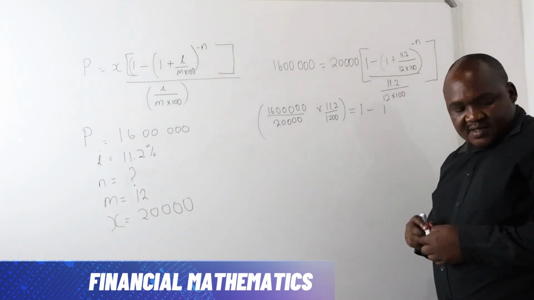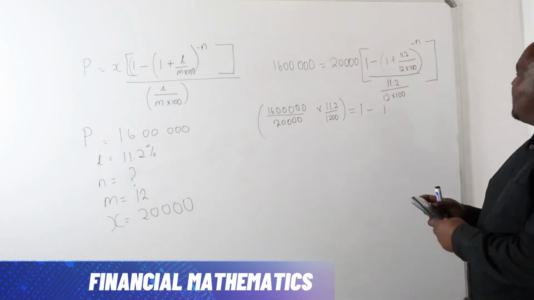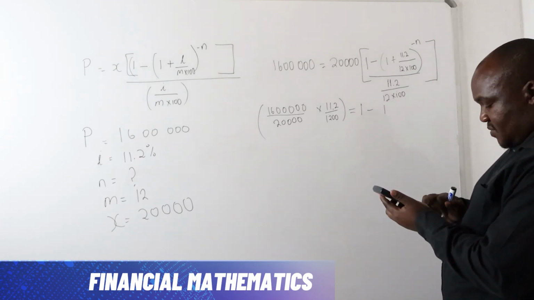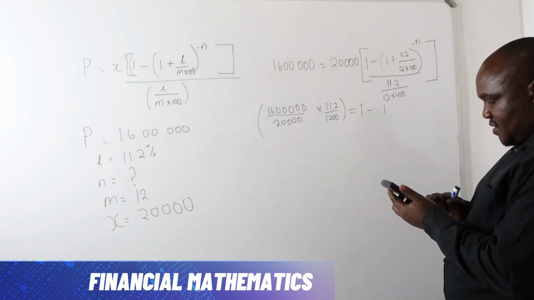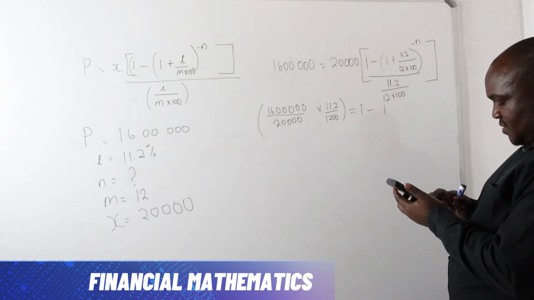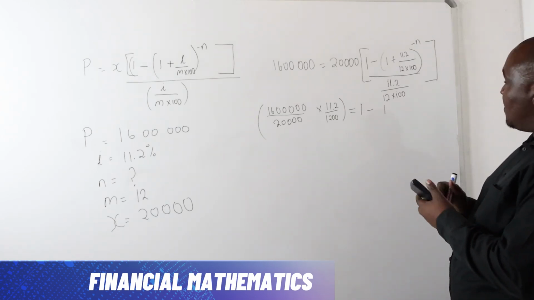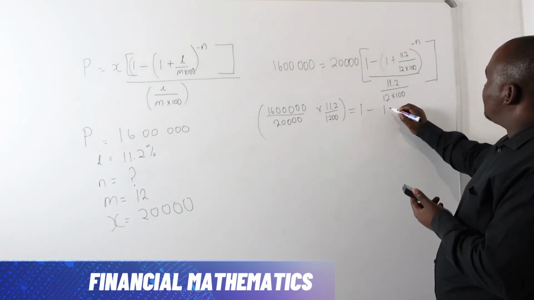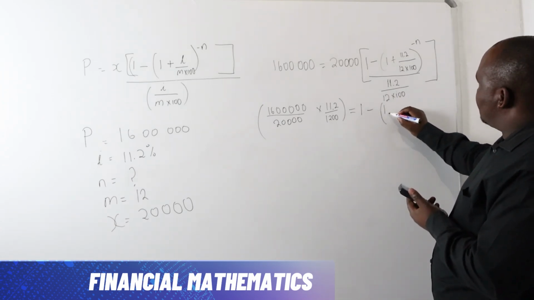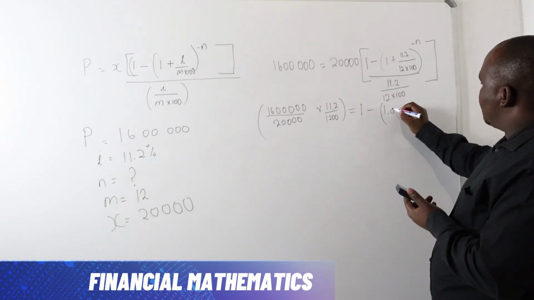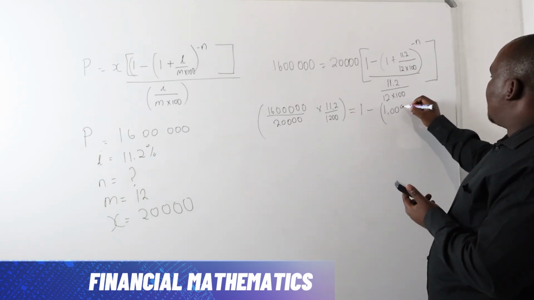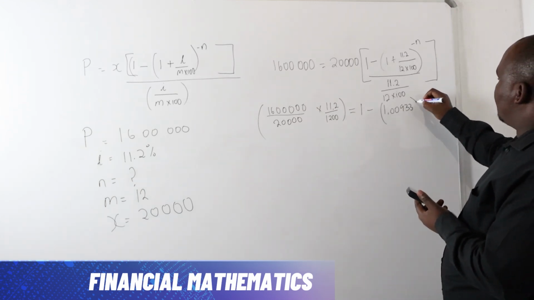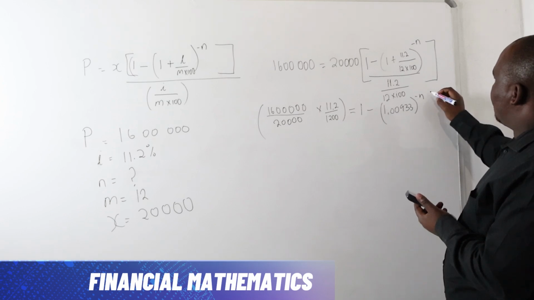Let's just simplify it even further. 11.2 divided by 1,200 plus 1, into 1.0093 to the power negative n.